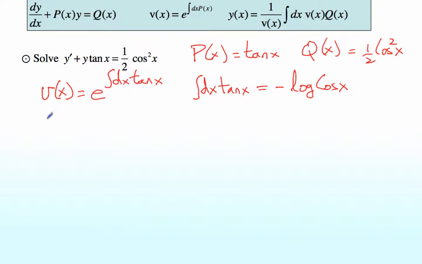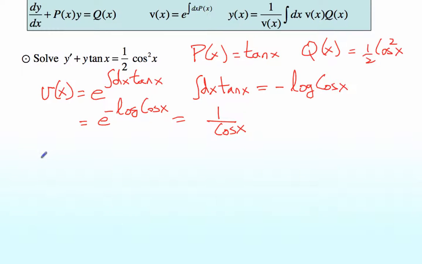So we now have over here e to the minus log of cos of x, and this then is 1 over e to the log of cos of x, and that's 1 over cosine of x. So v of x is now 1 over cosine of x.